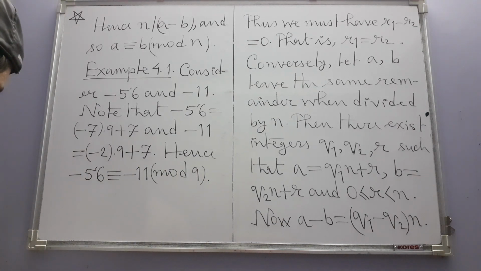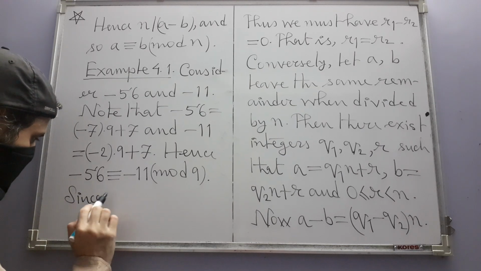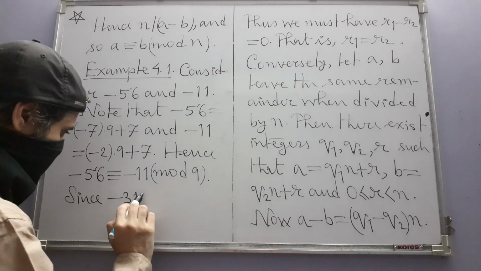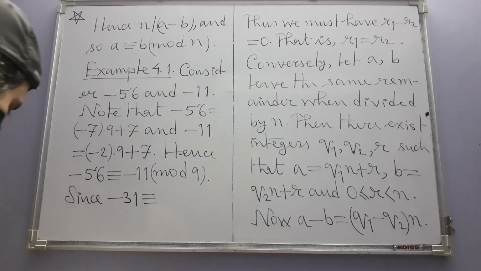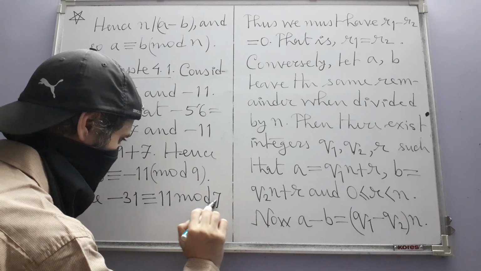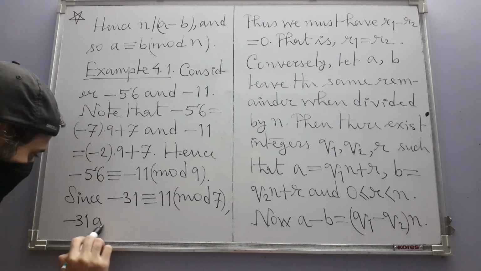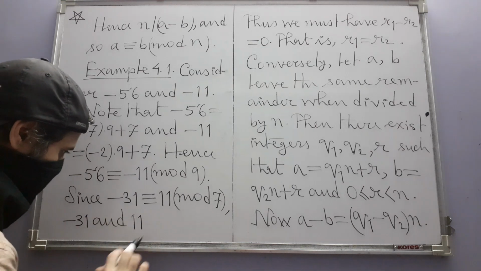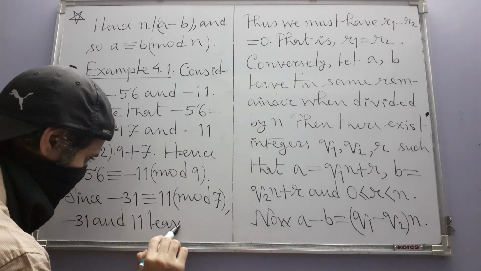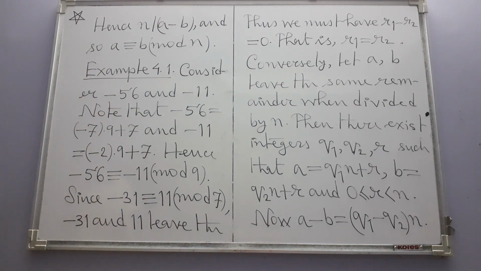Going in the other direction, we have this. Since minus 31 is congruent to 11 mod 7, minus 31 and 11 leave the same remainder when divided by 7.